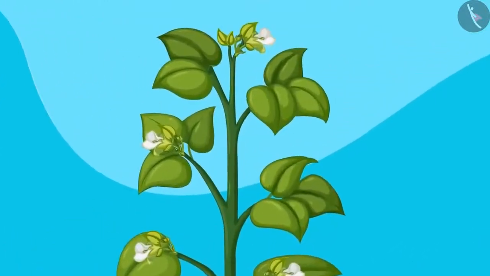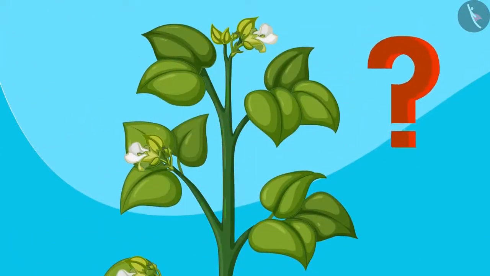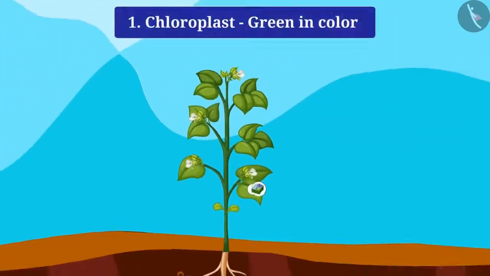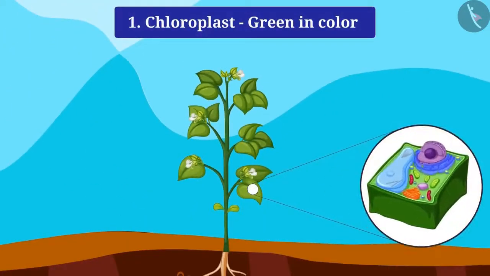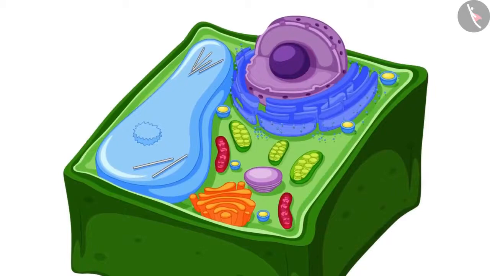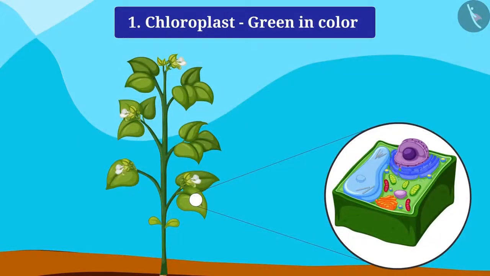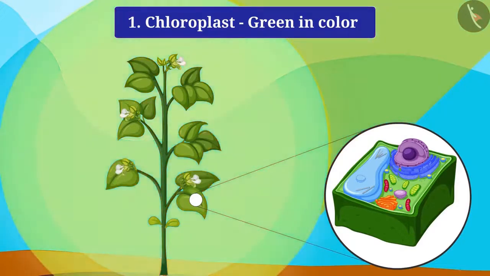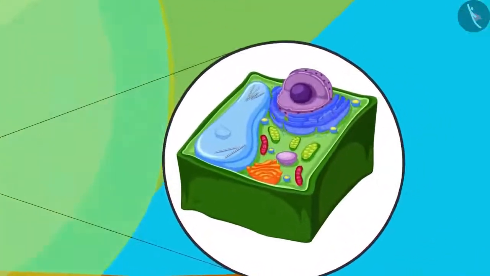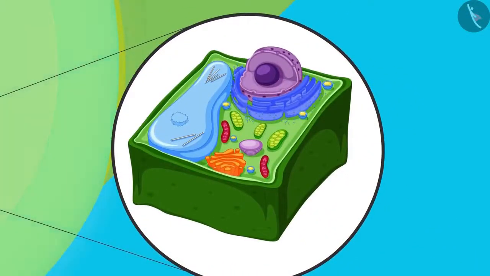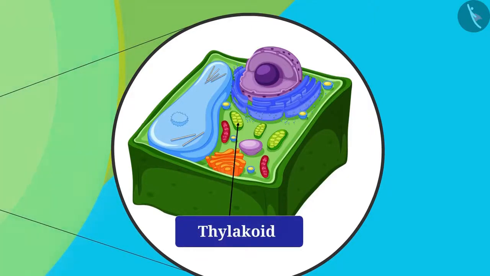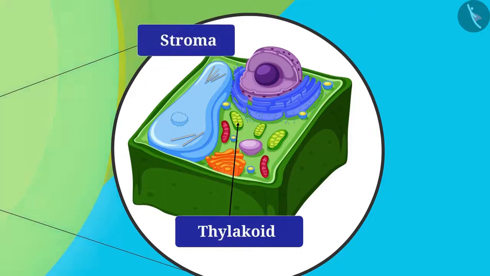Friends, do you know why plants are green in color? Because of this chloroplast. It contains a green pigment called chlorophyll, which gives green color to plants. Not only this, it also helps in photosynthesis. It is a double membrane cell organelle. Its inner structure consists of layers of membranes with thylakoids located in a fluid called stroma.